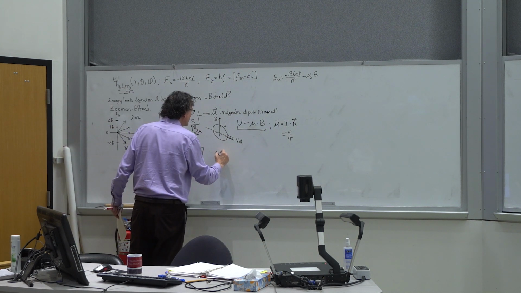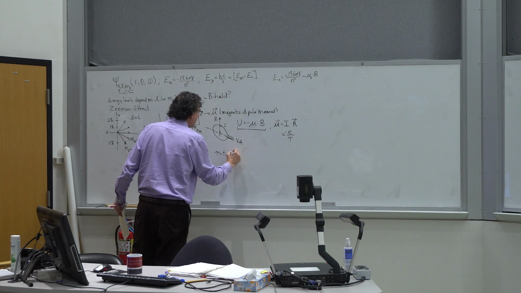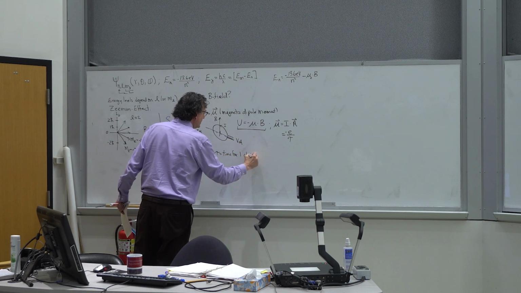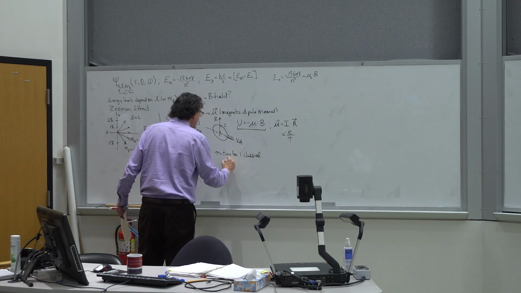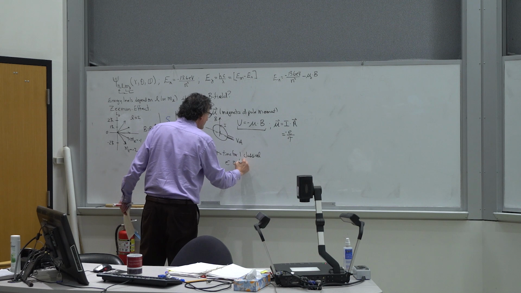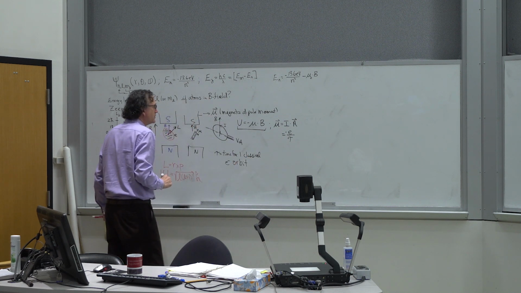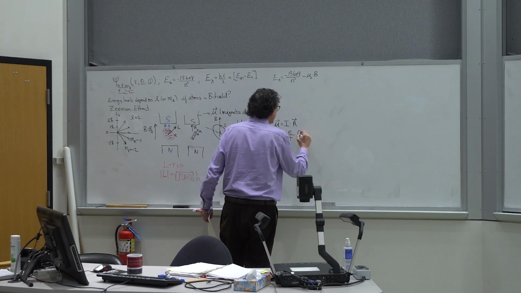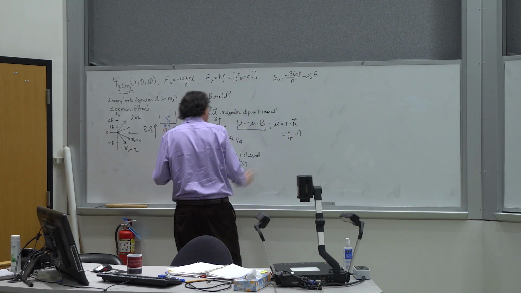So tau is equal to the time for one classical electron orbit. Okay? And so that then gives me charge divided by time times the area, and the area is pi r squared.